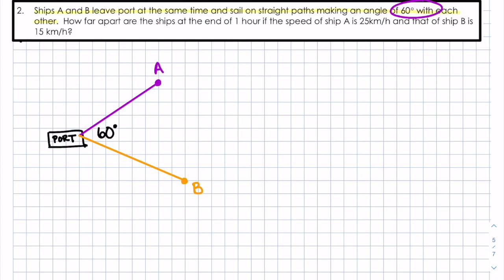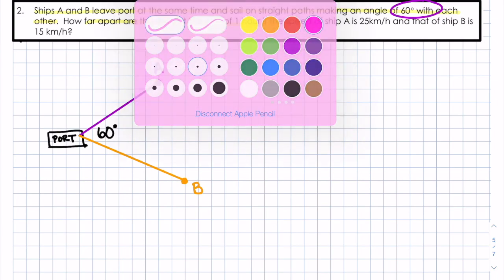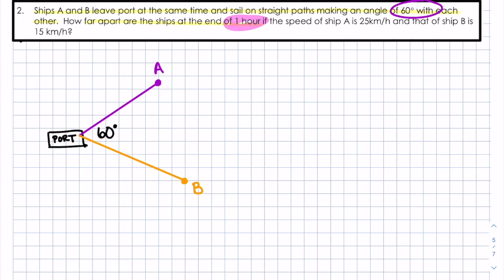Okay, then the question says, how far apart are the ships at the end of 1 hour? So that's very important, the time. So they're telling us 1 hour. So this could change depending on the scenario. So we know that the speed of ship A is 25 kilometers per hour, and ship B goes 15 kilometers per hour.